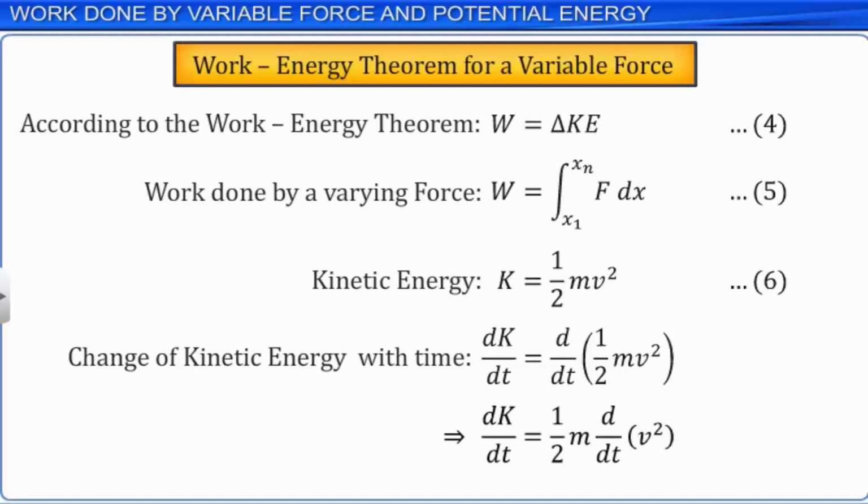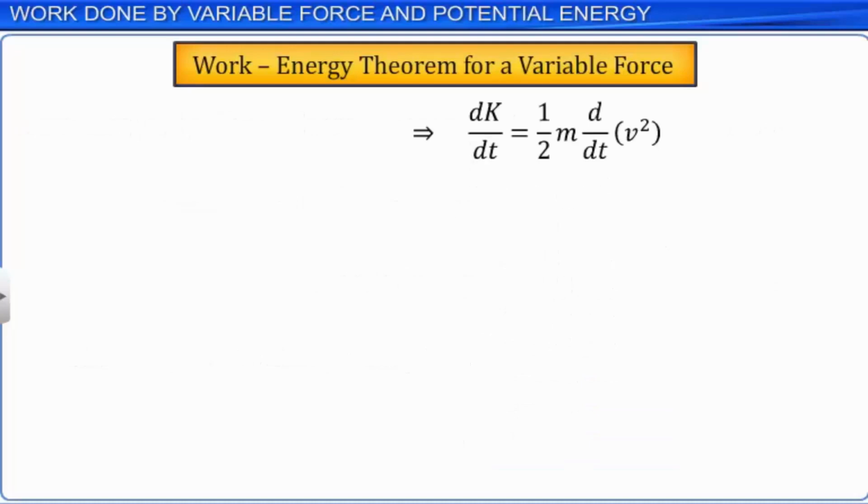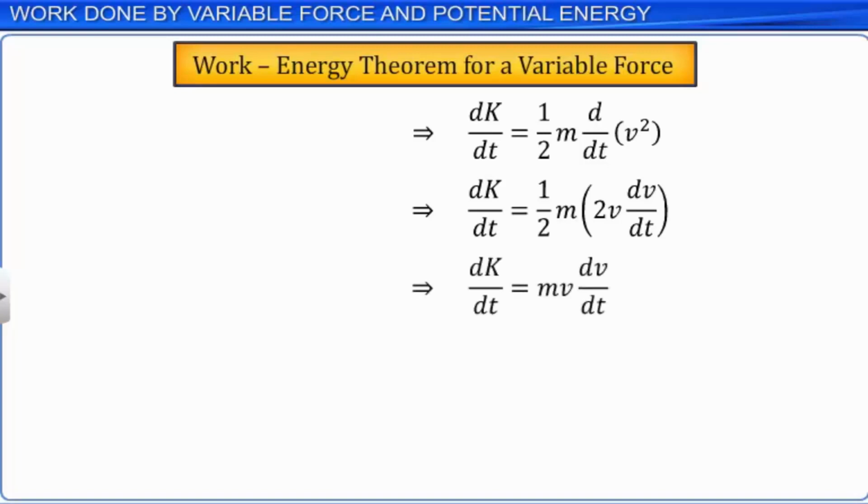On further simplifying, we get dK by dt is equal to half m into 2v dv by dt. Thus, dK by dt is equal to mv dv by dt. This can also be written as dK by dt is equal to m dv by dt into v.